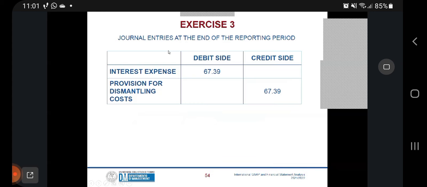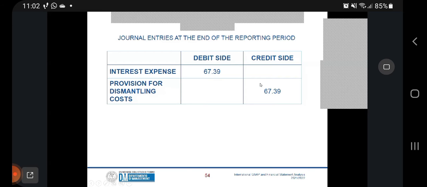So this interest expense is just a figurative interest expense because the company does not pay this amount. 67 will appear just in the income statement. And then, in order to increase the value of the provision, we have to account for 67 on the credit side.